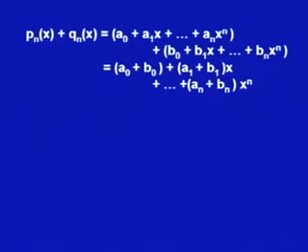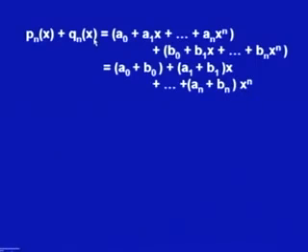this manner. If I have two polynomials Pn(x) and Qn(x), where the polynomial Pn(x) is a0 plus a1x plus up to an x raised to power n, and another polynomial Qn(x) of the form b0 plus b1x plus up to bn x raised to power n, then the addition of two polynomials is defined as a0 plus b0, plus a1 plus b1 times x and so on, and the last term is an plus bn times x raised to power n.